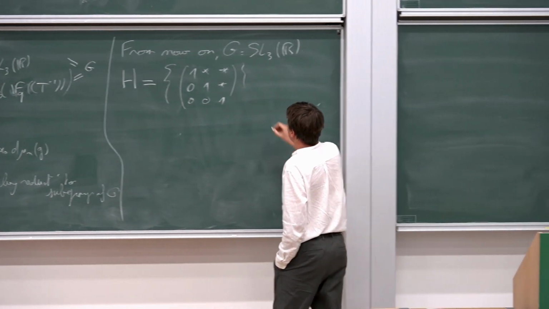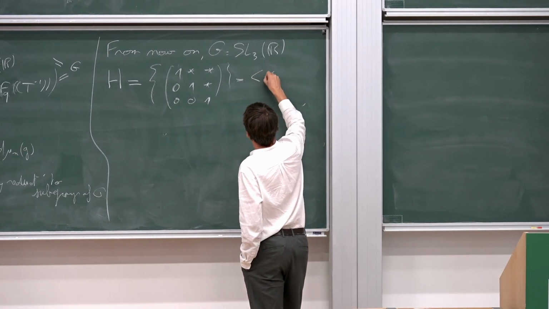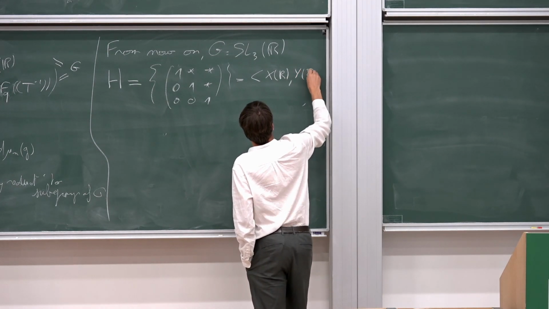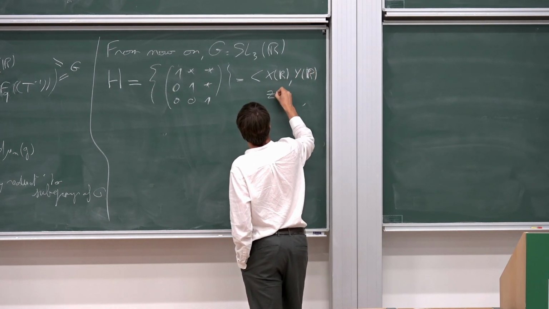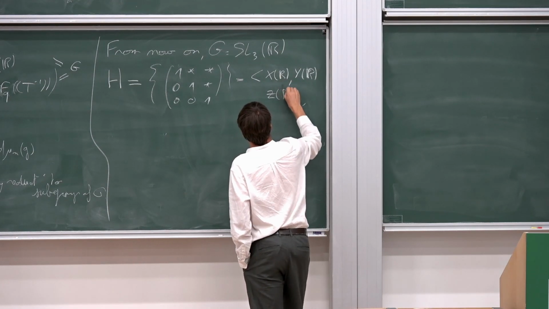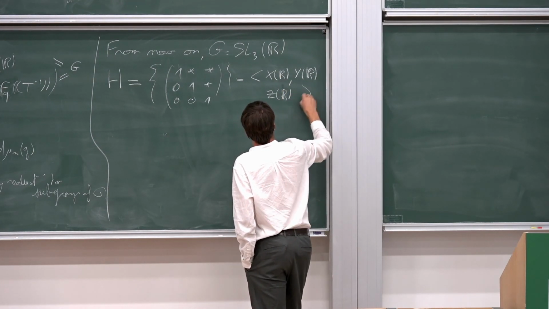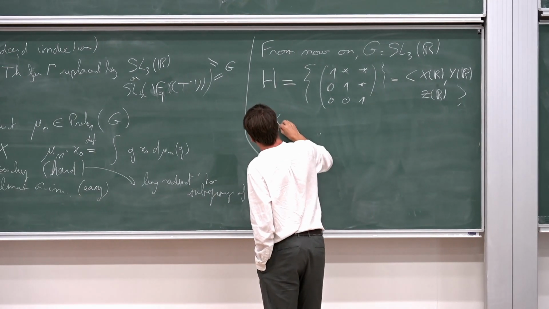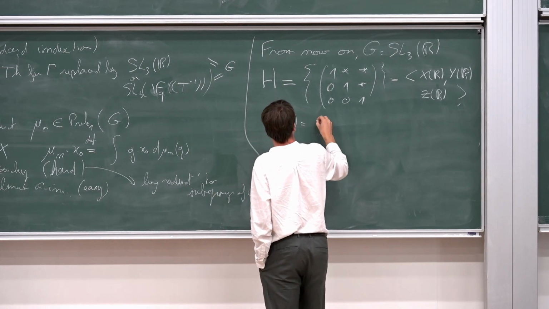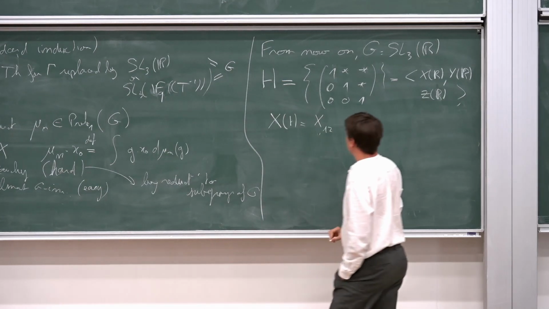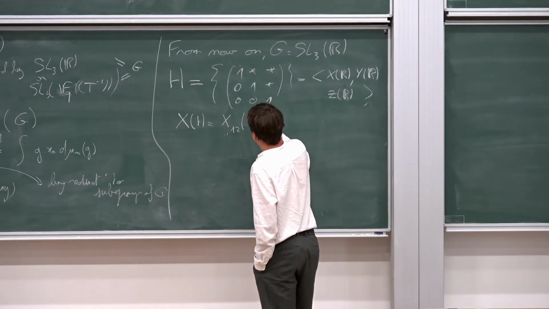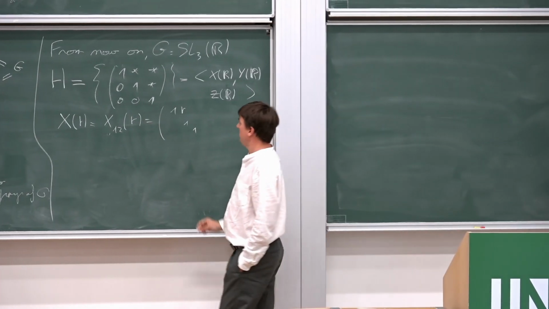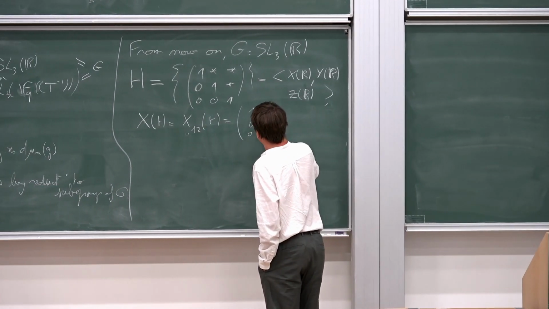So this is a group generated by 2 copies, well, I write 3 copies of R, where x of t, which I would prefer to write x1,2 of t, is just the matrix where I put t in the 1,2 entry and 0 everywhere else.